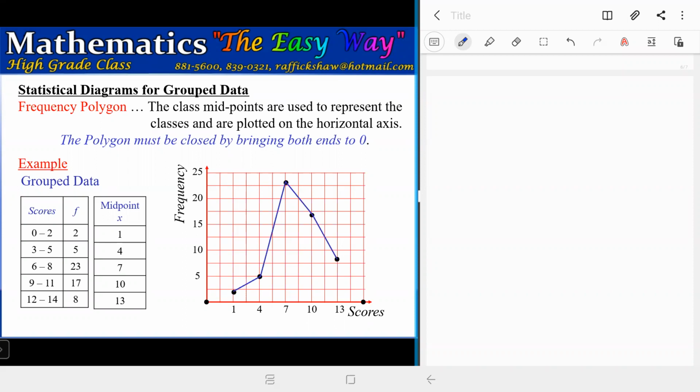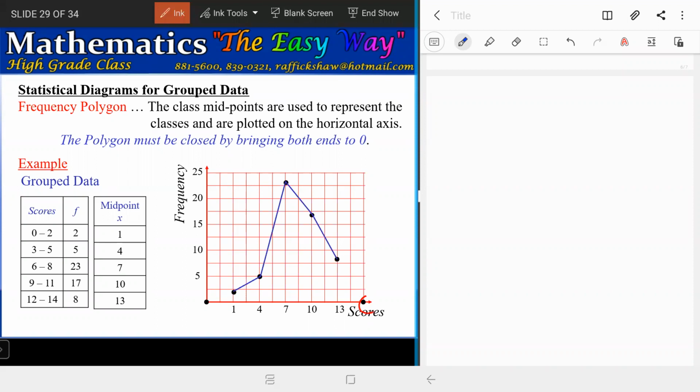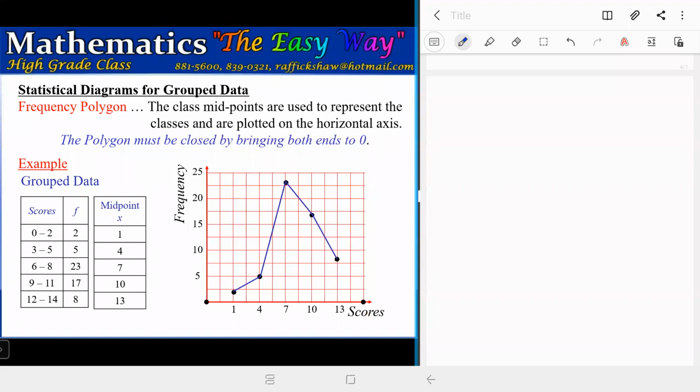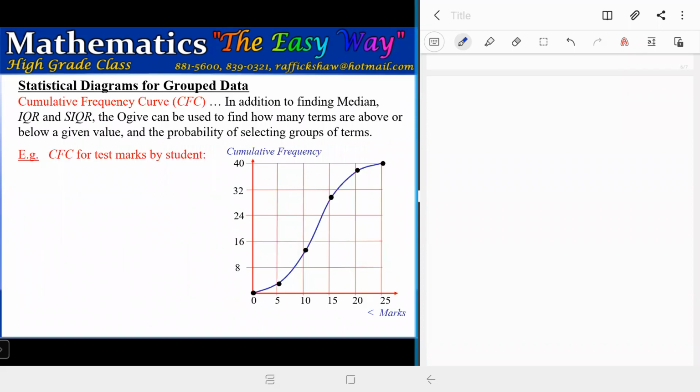The reason I bring the frequency down to 0, guys, is because they were not represented on the table. That's why I bring it down to 0. Then you close the two ends of the polygon to make it a closed shape. That's the frequency polygon.